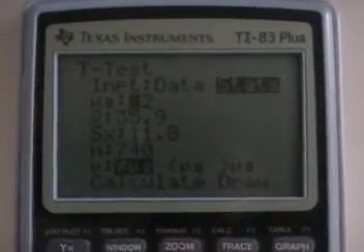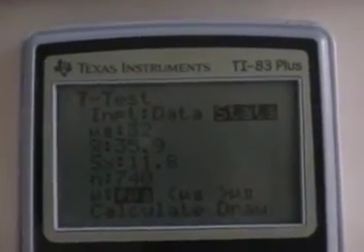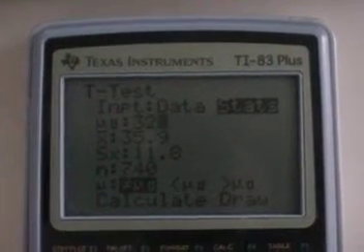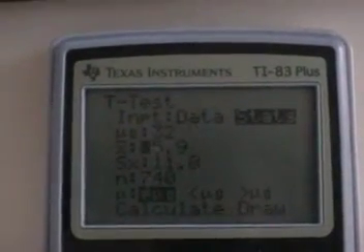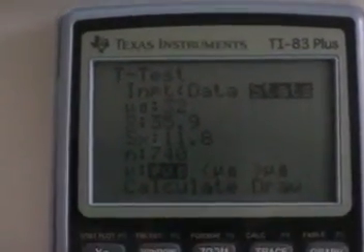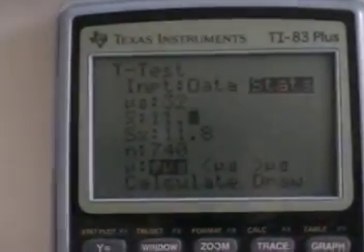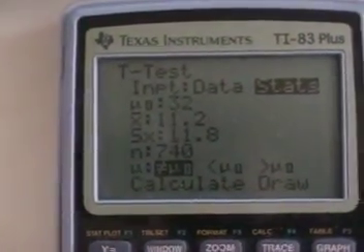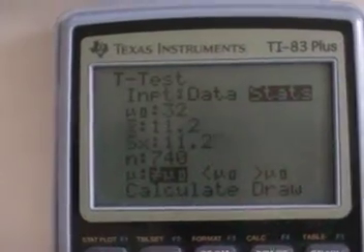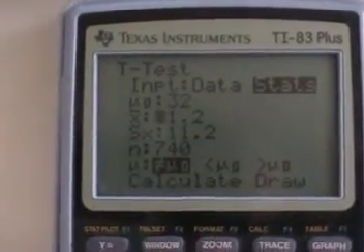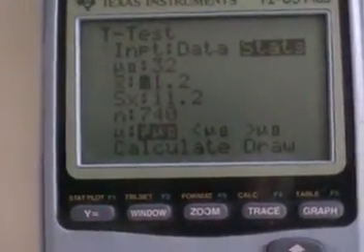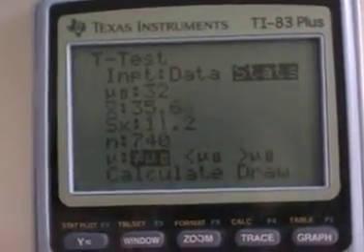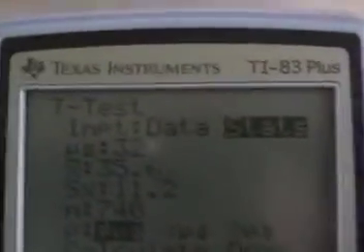So they told me that this is from the null hypothesis. The null hypothesis is 32. Here come the stats. S is 11.2. X bar was 35.6. And here's where the debate comes about.